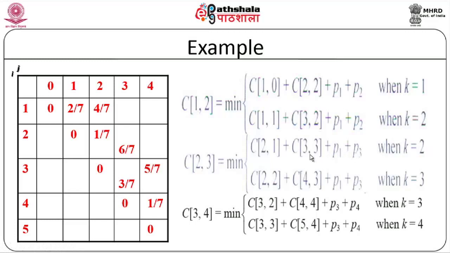So, similarly, we are going to find out C of 2 comma 3 and C of 3 comma 4. What we are going to do is take the minimum of all the things, which happens to be 4 divided by 7, here you have 6 divided by 7, and here you have 5 divided by 7.